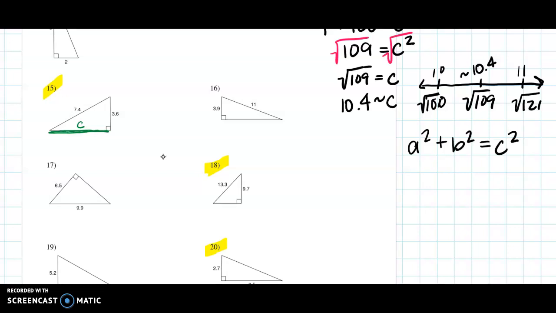So let's fill in what we know. That means 3.6 squared. I'm sorry, this should say b. Plus b squared, our unknown number, is equal to 7.4 squared.